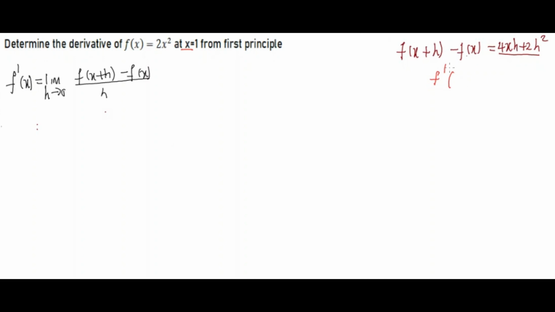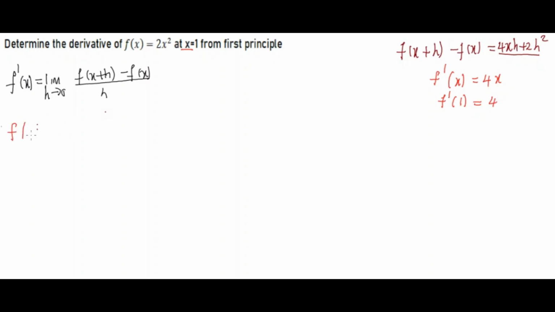So our first derivative is 4x. So our x is 1, so we're going to put 1 here. Then our gradient is 4. Sorry about that. So now we need to substitute 1 from the beginning.